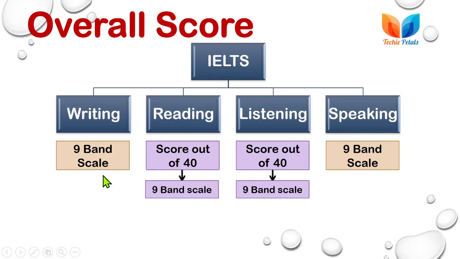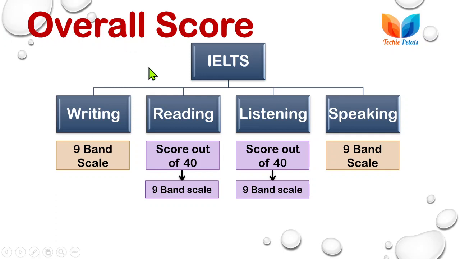Now you have a symmetric result for all test components, meaning the result is in our hand on the 9 band scale for all test components. Now we can calculate the overall score.